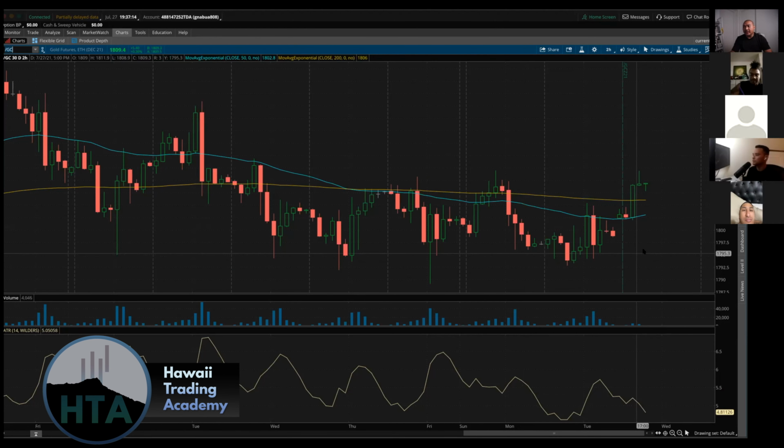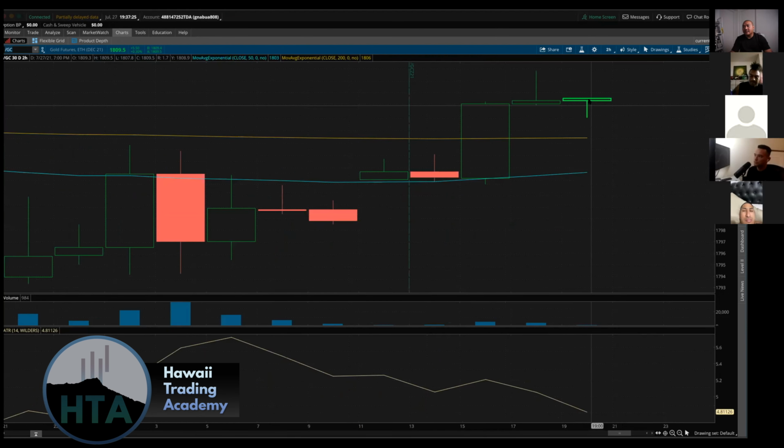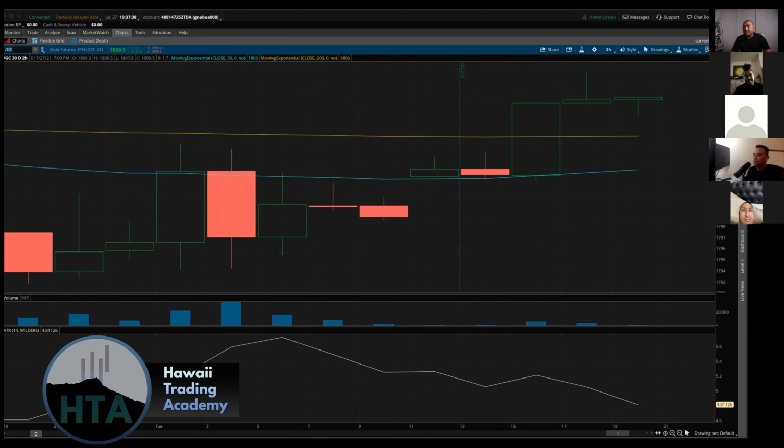Say I wanted to trade, and right now my ATR is showing 4.8. So I should anticipate that the volatility, the amount of movement of price, is either going to be $4 more from 1809 or $4 less.